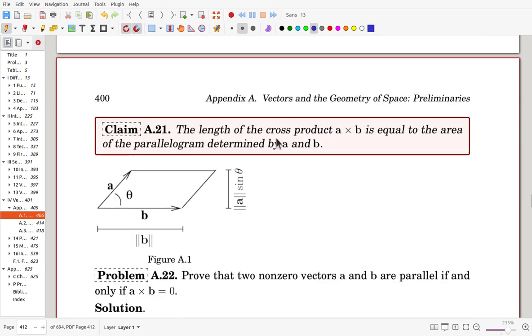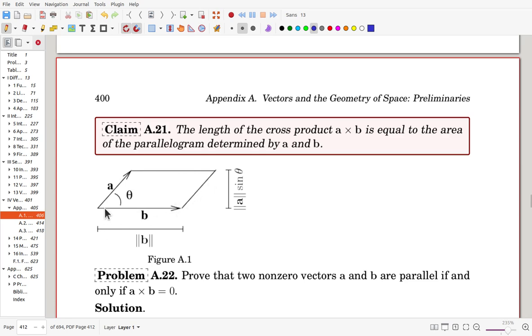Okay, the length of the cross product is equal to the area of the parallelogram determined by A and B. It's a kind of geometric interpretation of the cross product. Now, vector B and vector A have angle theta. Then we can make a parallelogram.